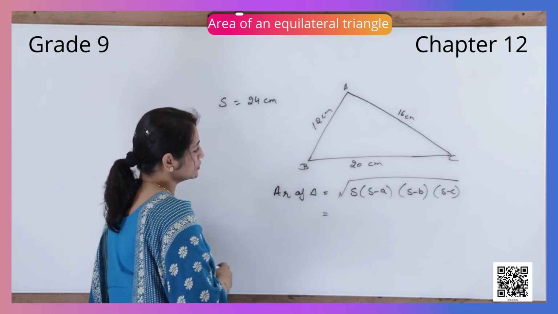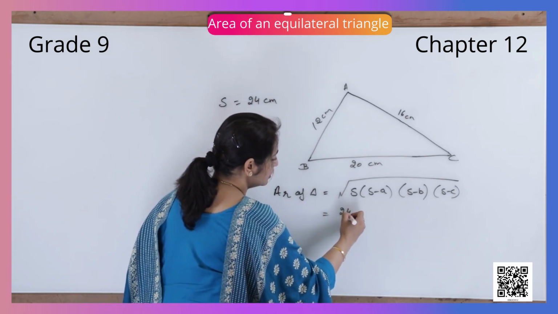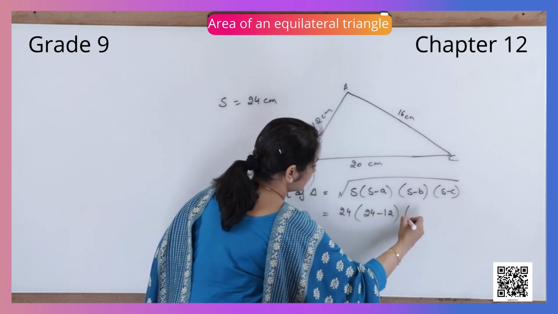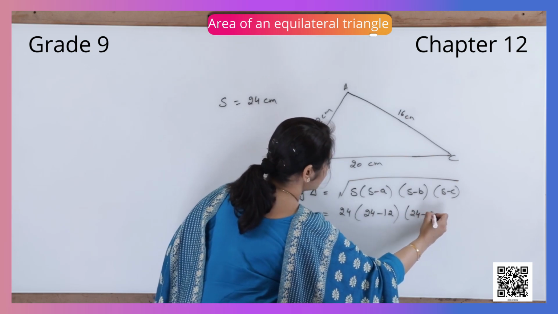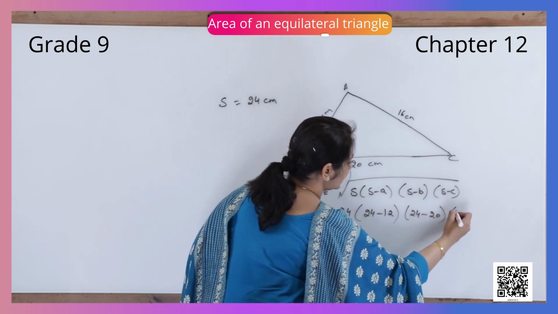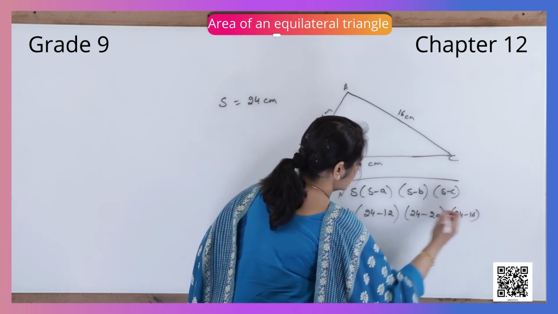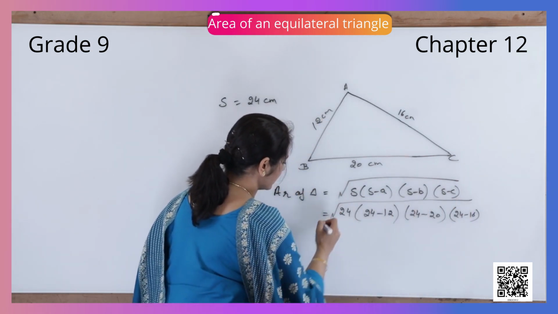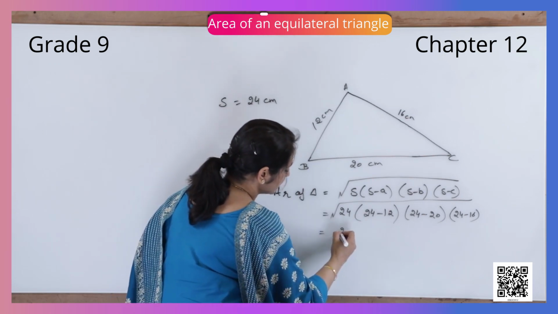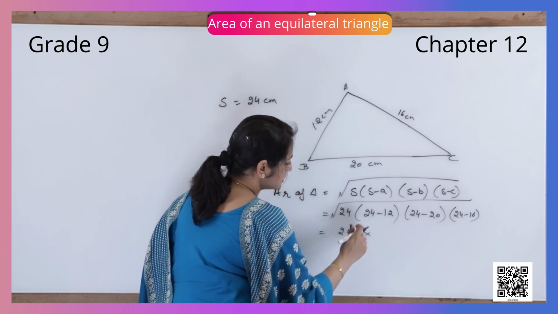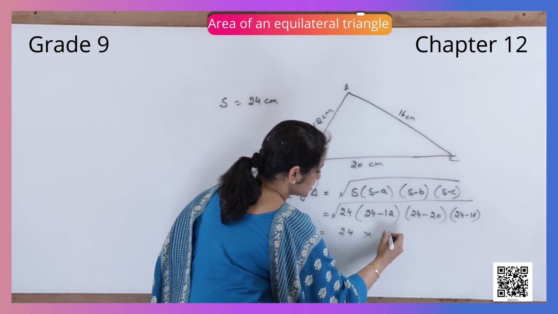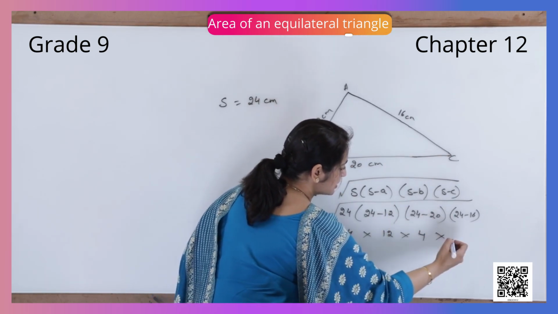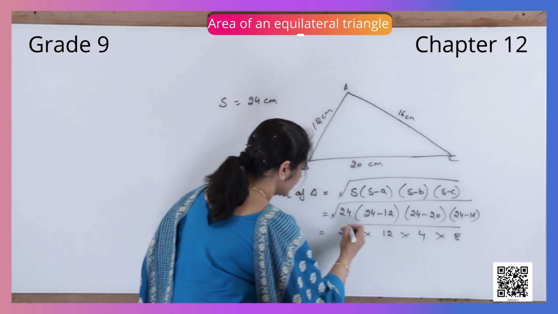Now putting these values here, 24 multiplied by (24 minus 12), then (24 minus 20), then (24 minus 16). The order of the sides doesn't matter because they all are only getting multiplied. So here we will have 24 multiplied by 24 minus 12 is 12, 24 minus 20 is 4, and 24 minus 16 is 8.